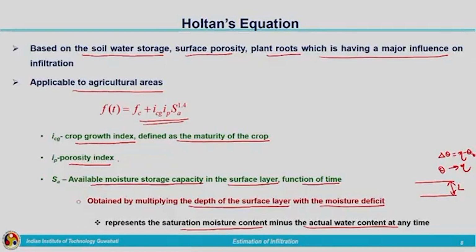This way we can get the different parameters, and by making use of these values from literature, you can calculate the infiltration rate.